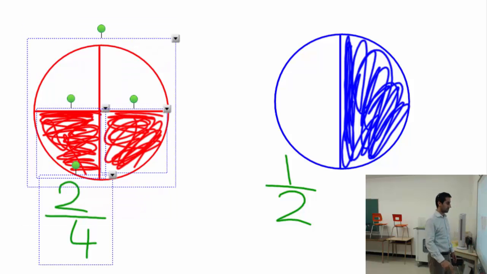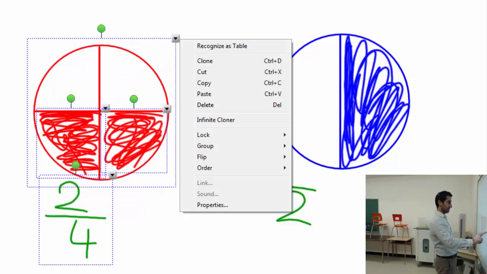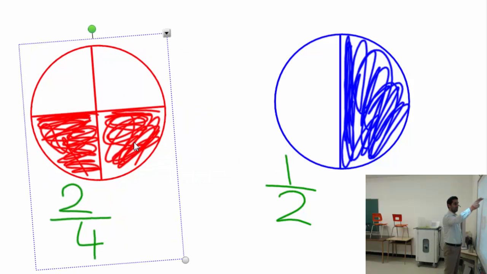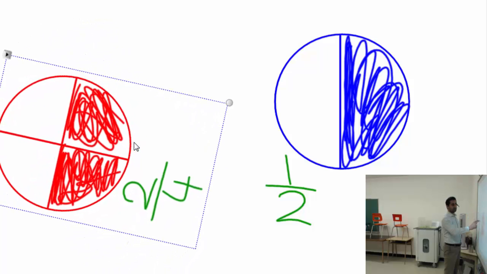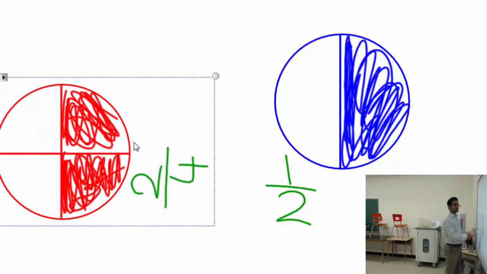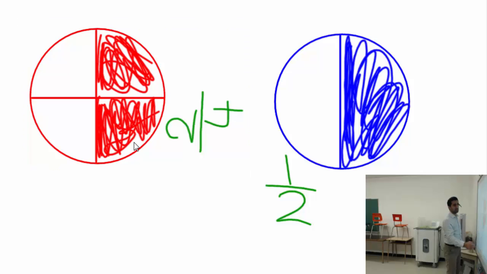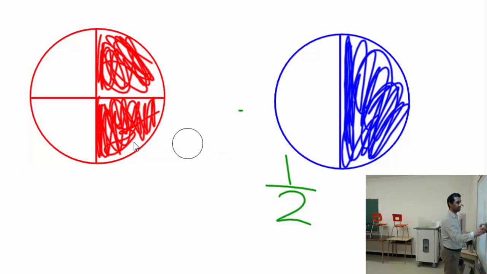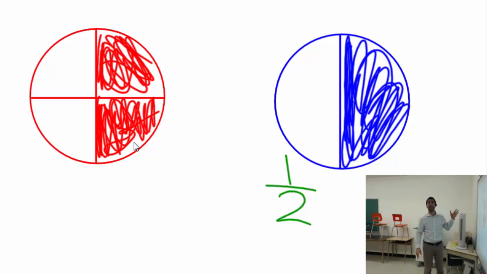Let's just make a group here, so it's easy for me to turn. If I turn it like that, and let's get rid of that. As you can see, they are identical.